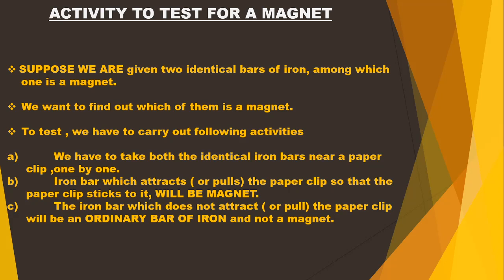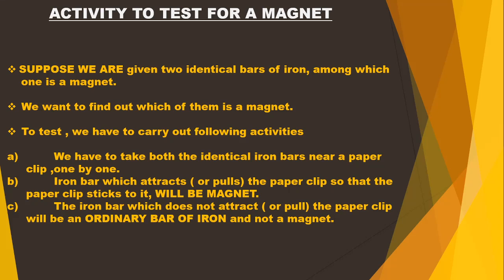So, what will you find? You will find that the clips are getting attracted towards one iron bar. So, ultimately, from this activity, we can conclude that the iron clips can be attracted only towards a magnet.